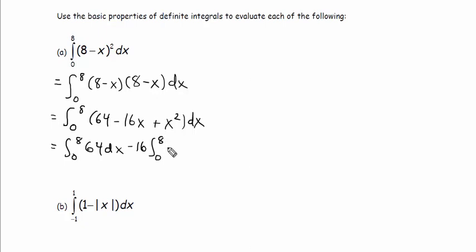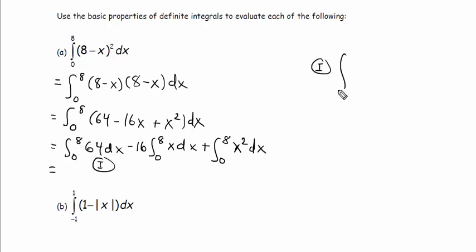Alright, so this is just using the properties that we've been using. Now please try to remember to put your dx's in here because these are differentials, so don't forget that. Now if you remember for this first one over here, I'm going to use the property integral from a to b of k dx is k times b minus a.